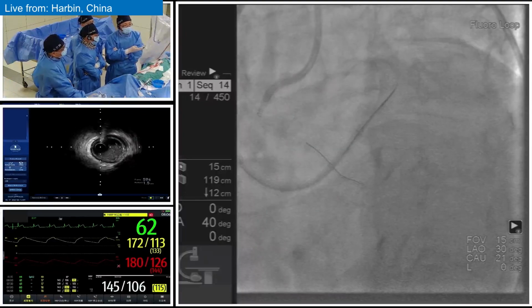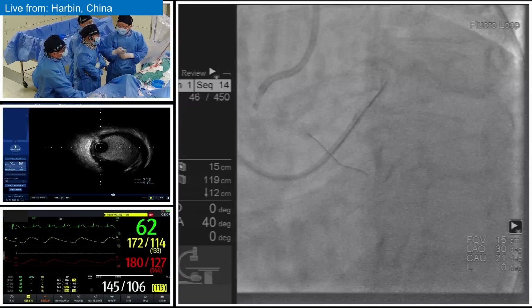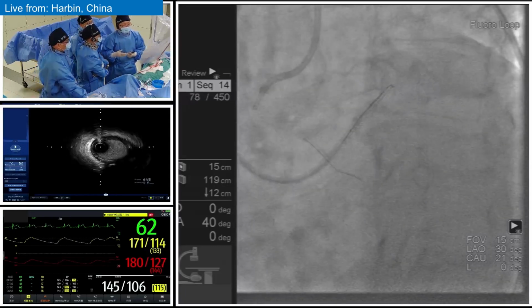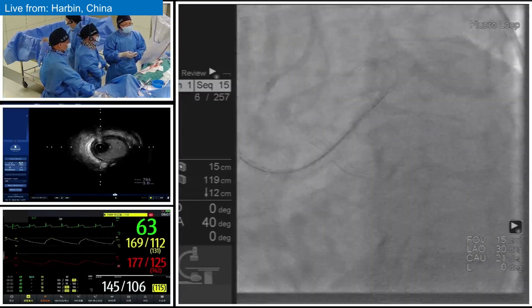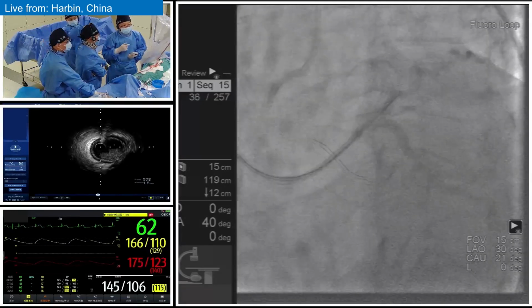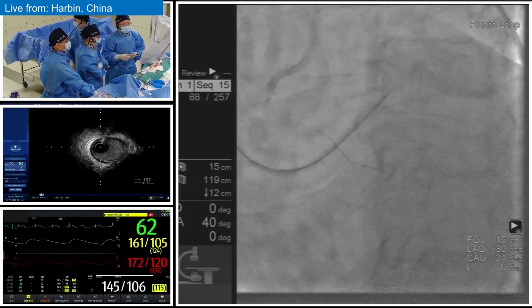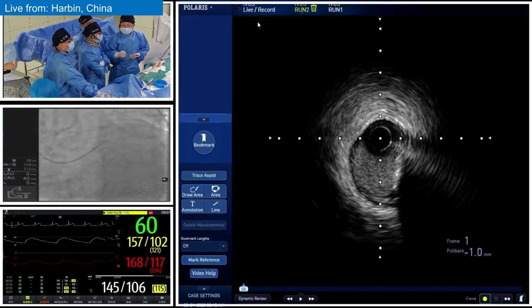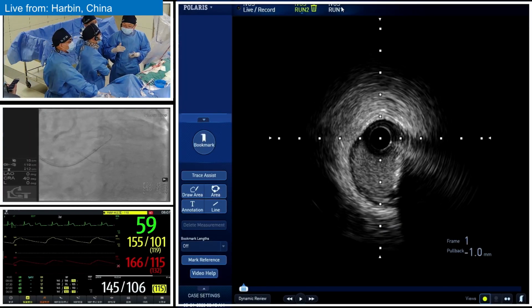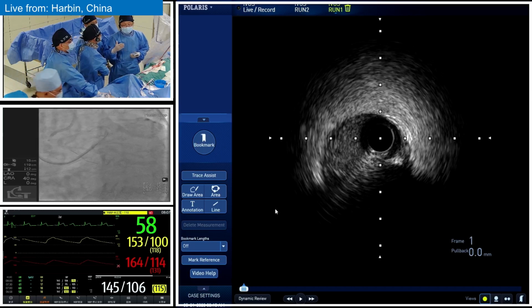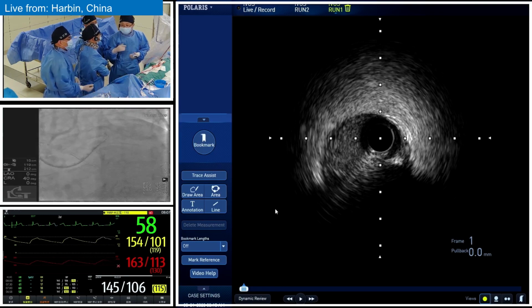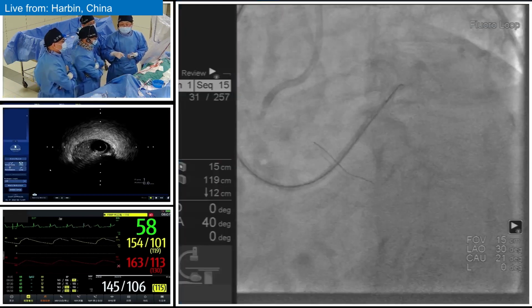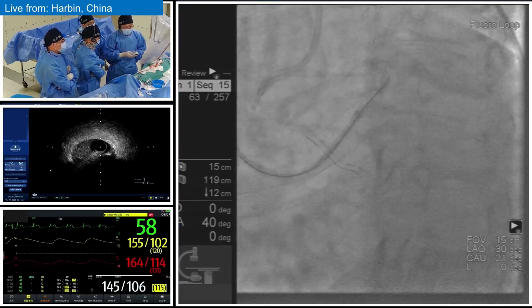Because this is a demo, we showed the audience using a workhorse wire and a Gaia Third wire, but we can see it often slips into the diagonal branch. So the fibrotic cap is also very hard, and with several side branches, it's difficult to puncture.